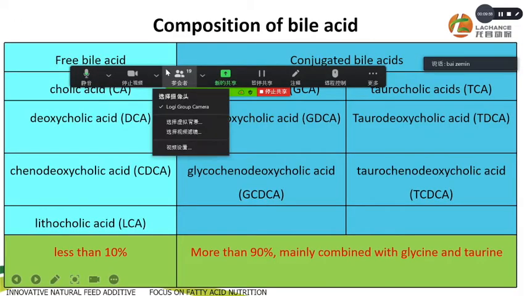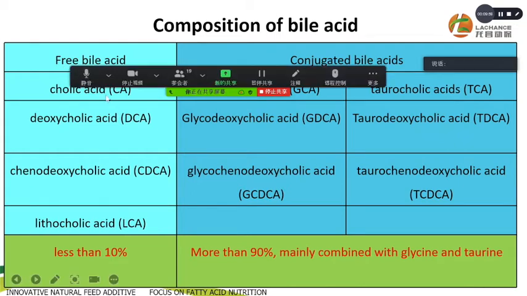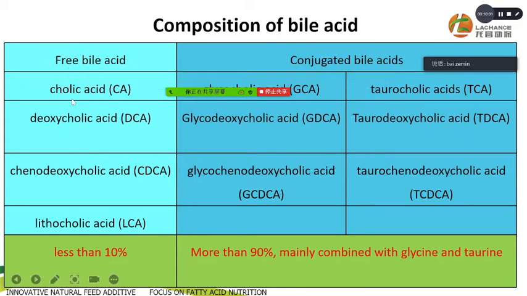For bile acid, there are free bile acids and conjugated bile acids. Free bile acids, such as cholic acid and deoxycholic acid, make up less than 10%.